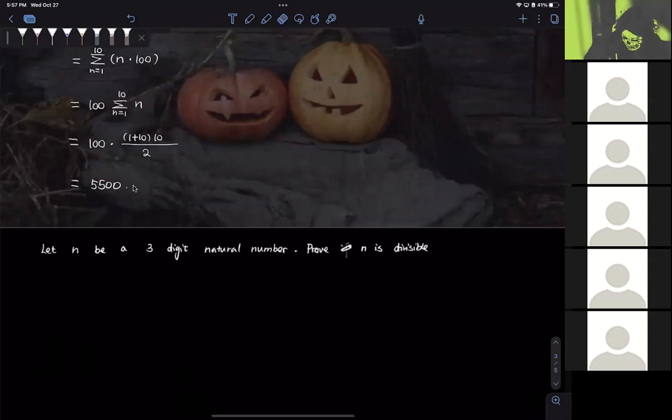Actually, I'll prove one direction, but I'll ask you to prove both directions. Prove n is divisible by 3 if and only if the sum of its digits is also divisible by 3.